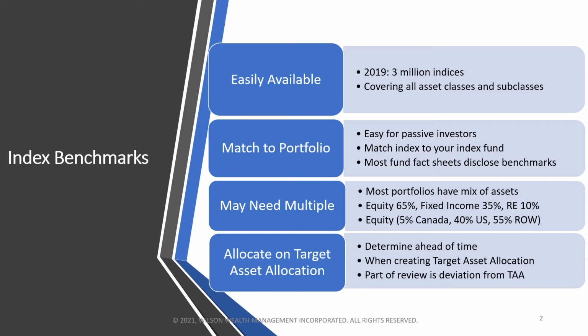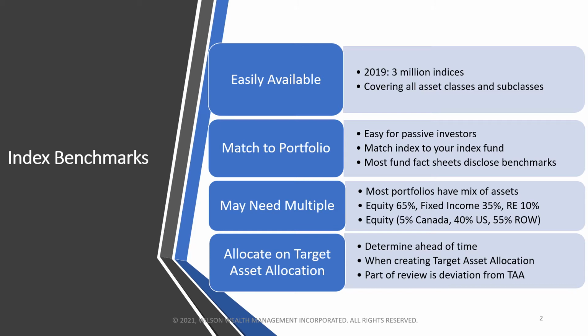If you're invested in the US large cap equity market, probably the S&P 500 benchmark would be appropriate. If you're invested in Canadian equities, maybe the TSX capped composite or the TSX 60, depending on the type of investments you choose.